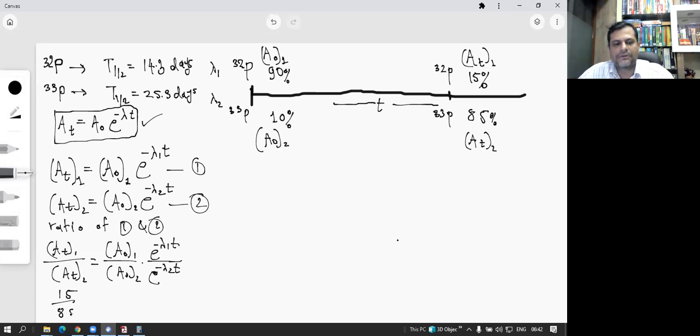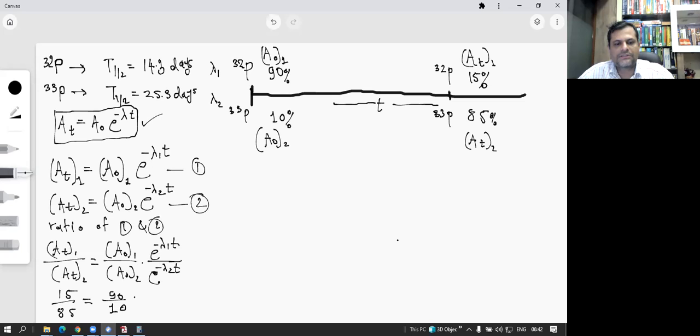This is the ratio of final activities of both phosphoruses. And the ratio of initial activities is simply 90% divided by 10%, which is 90 upon 10, because 100 cancels here also.